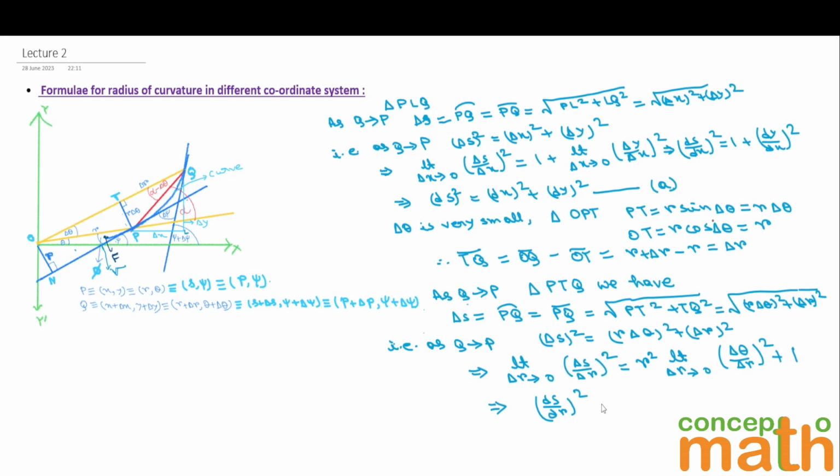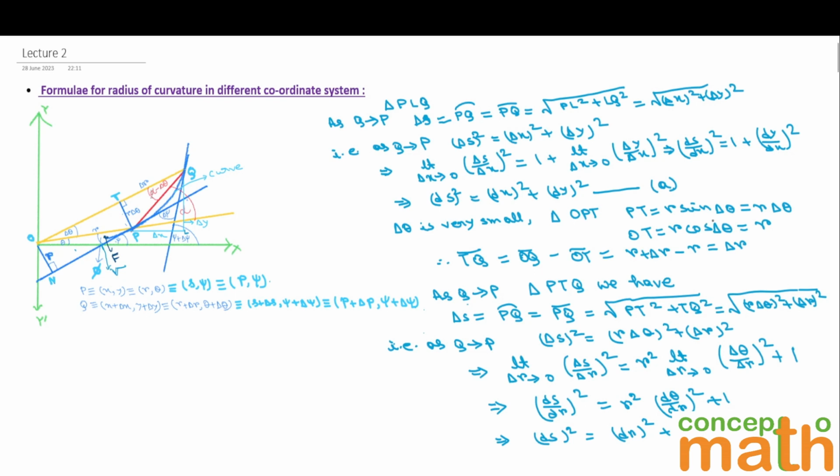So (ds/dr) whole square is equal to r square (d theta/dr) whole square plus 1, which can be further expressed as ds whole square is equal to dr whole square plus r square d theta whole square.